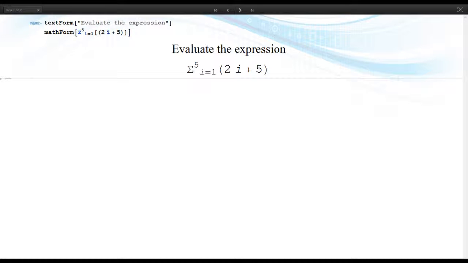There we go. Okay, so we want to sum this expression over the range 1 to 5.